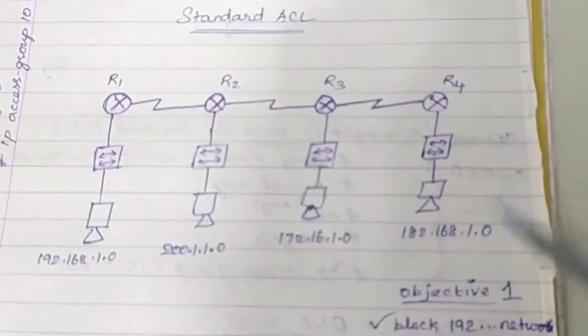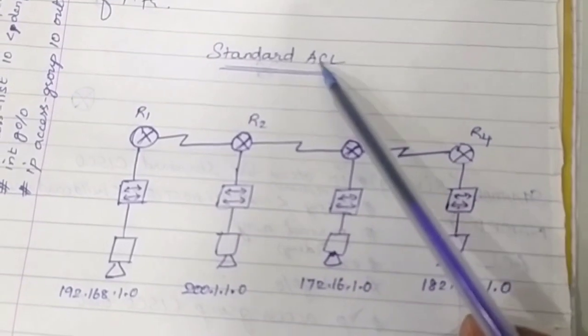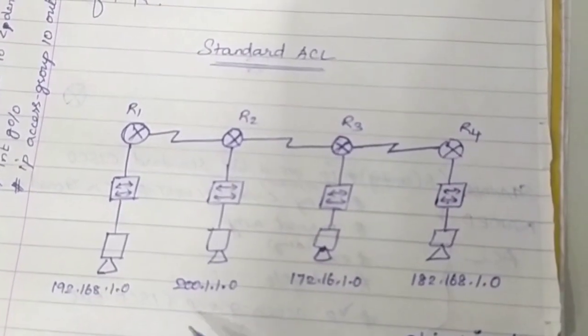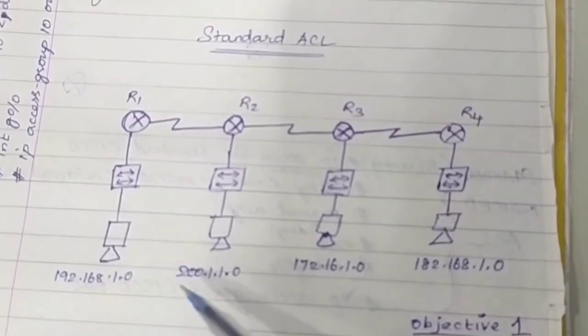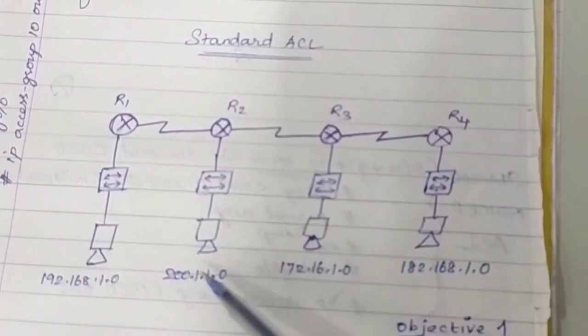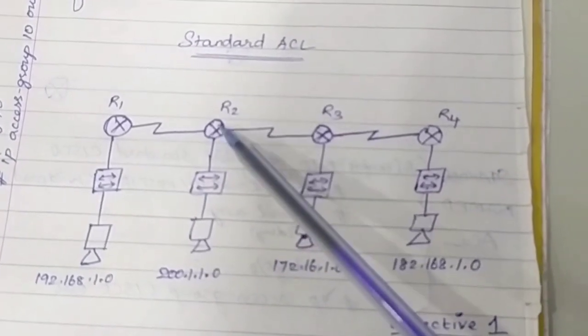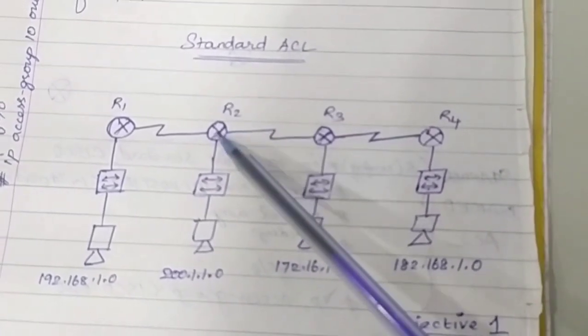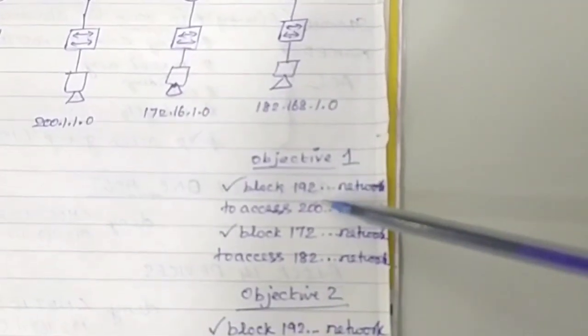Remember, in standard ACL, we always do the ACL configuration on the destination router. In the first case, we need to block this one from accessing this, which means the destination is this one, so we do the standard ACL configuration on R2.